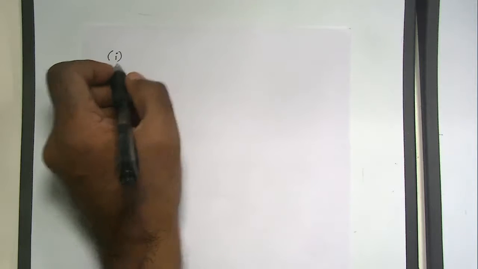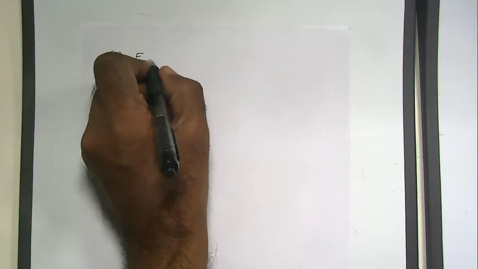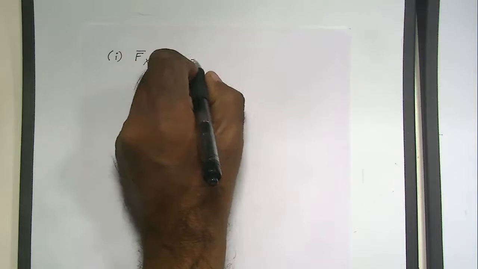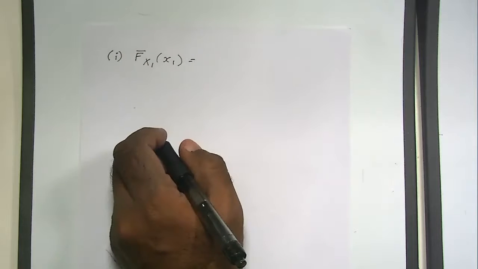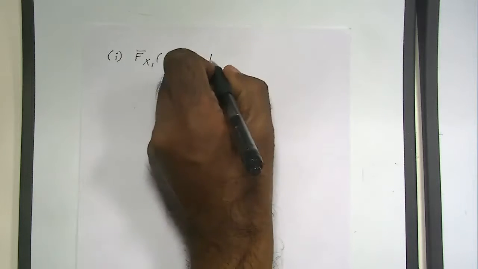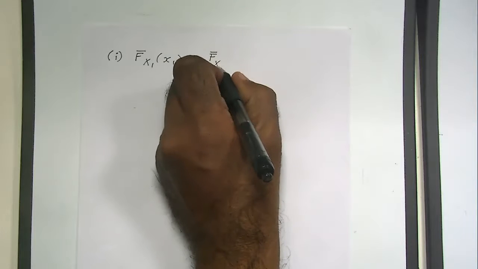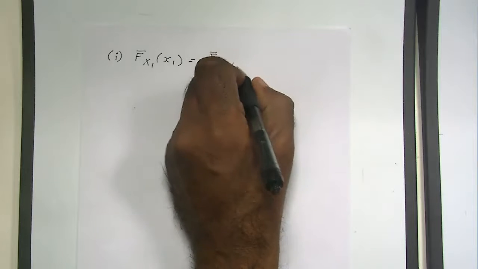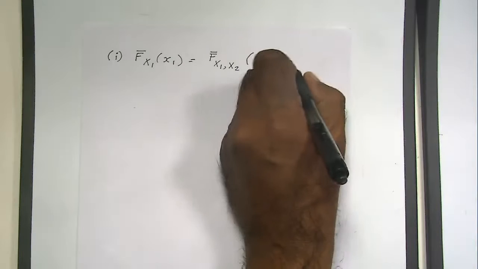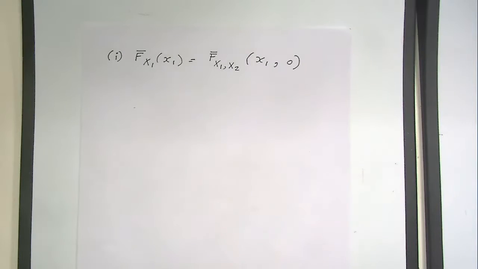All right. The first part is to find the marginal survival function of x1. If you look at one of the formulas I gave you yesterday, this is equal to this.